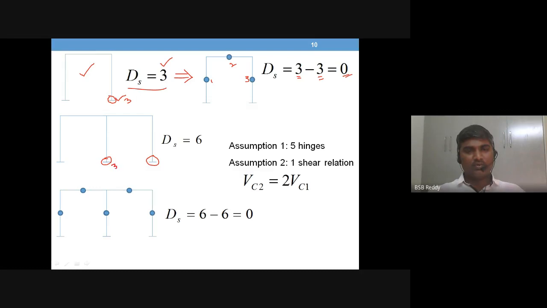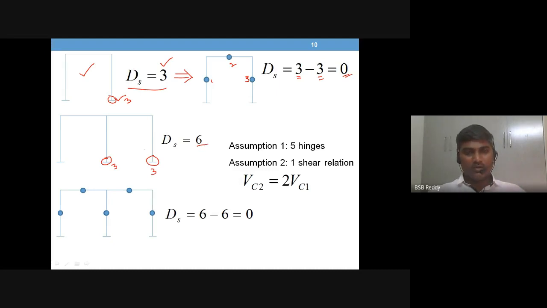Each support has 3 reactions, so a total of 6 extra reactions are there, unnecessary, unwanted. Even with this single fixed support, it is stable. So why do you have these 6? They are in excess. So 6 is the degree of static indeterminacy.